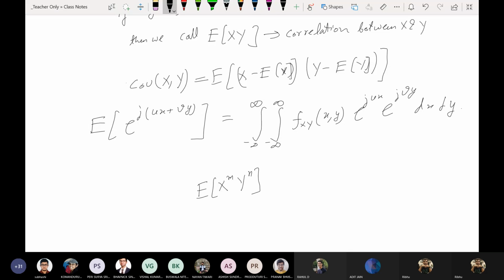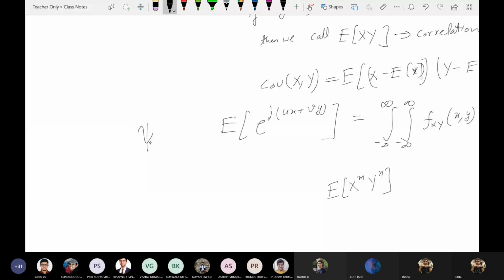Let me call this psi xy of u comma v. You differentiate this psi xy of u, v m times with respect to u and n times with respect to v, and you will get the correlation. You won't get the covariance.